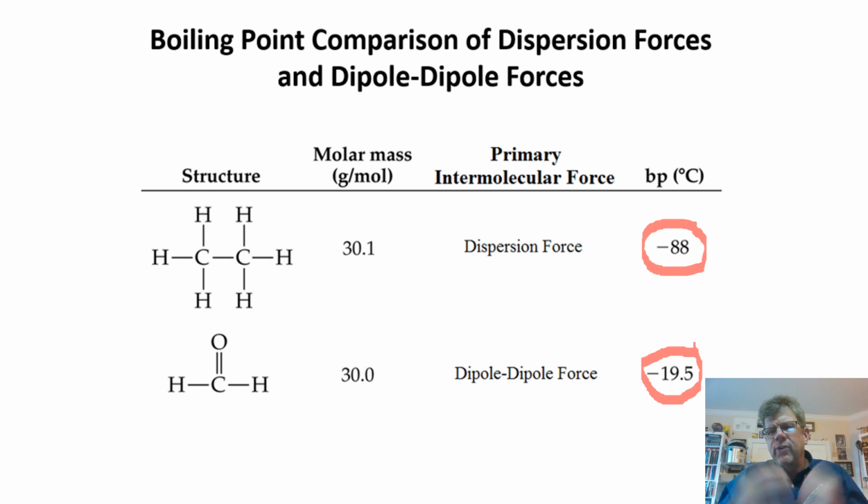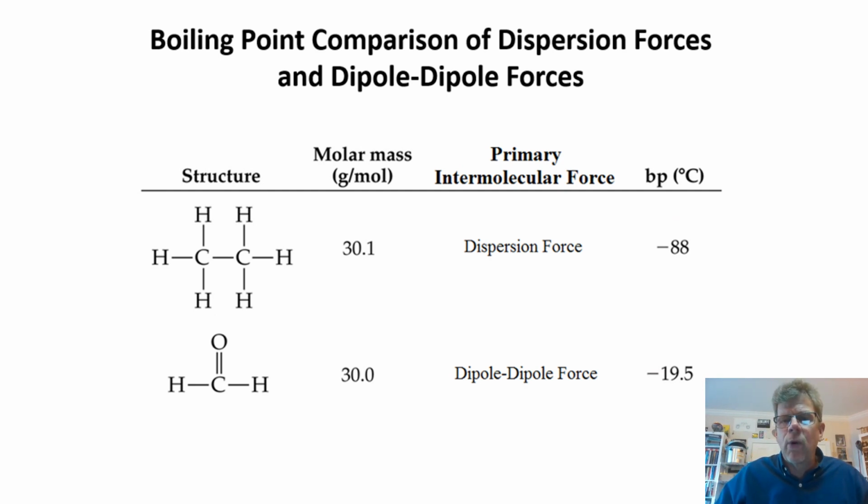Now, of course, both of these are bloody cold, but we're just looking at the difference, the comparison. We have about a 70-degree difference between these boiling points. That is huge. That is a huge testament to the greater strength of our dipole-dipole forces than our dispersion forces.